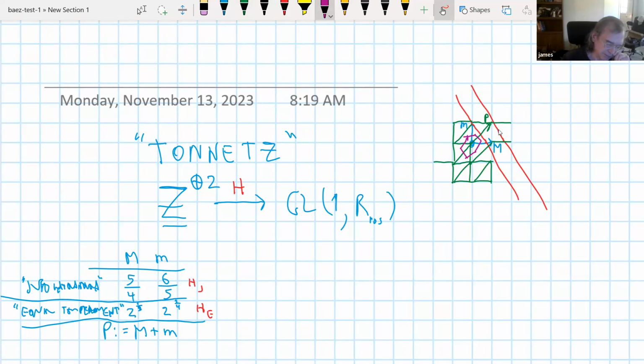Let's see. And I'm being a little bit ambiguous about which homomorphism we're using, the just intonation or the equal temperament intonation. But yeah, we can think of this as a little chord progression here, right? I don't know. How is it a chord progression? Looks like a path in pitch space.